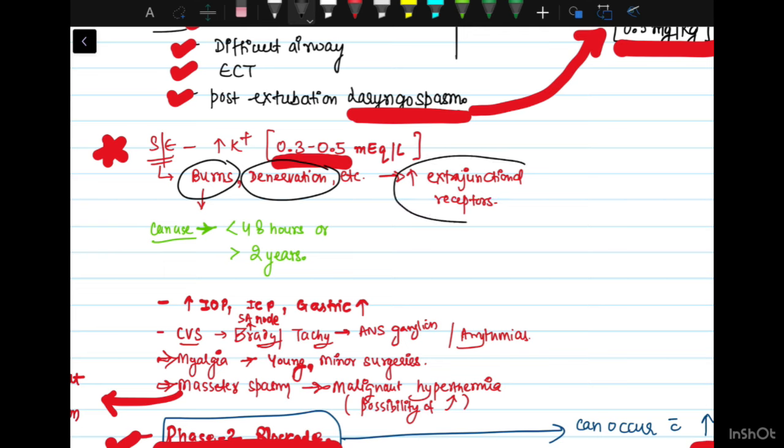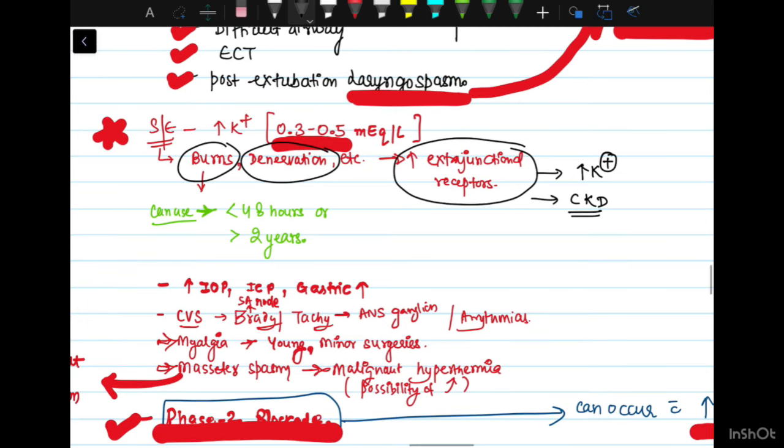In those cases, we have increased extrajunctional receptors, and those extrajunctional receptors will lead to release of a lot of potassium, much more than this 0.5 milliequivalent per liter. In a chronic kidney disease patient, the potassium is not getting excreted from the body, it accumulates. There's hyperkalemia in CKD patients. So you have to avoid succinylcholine in these patients.